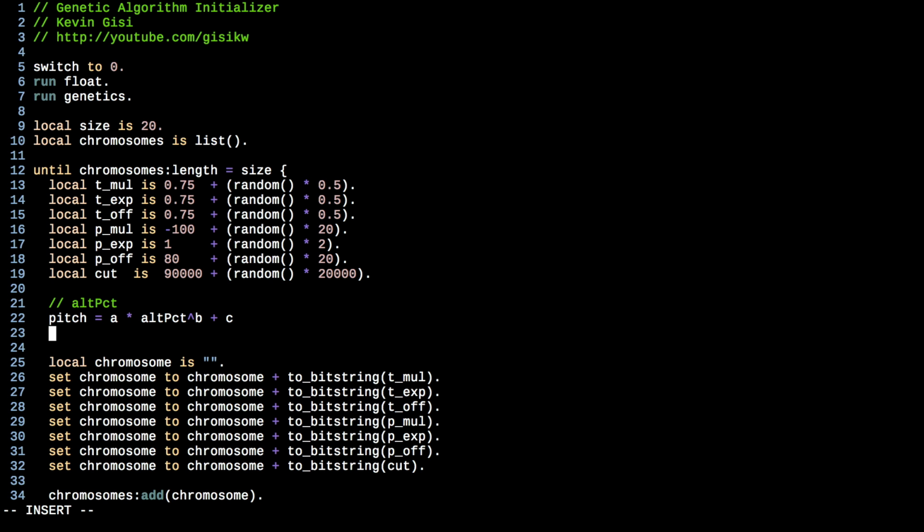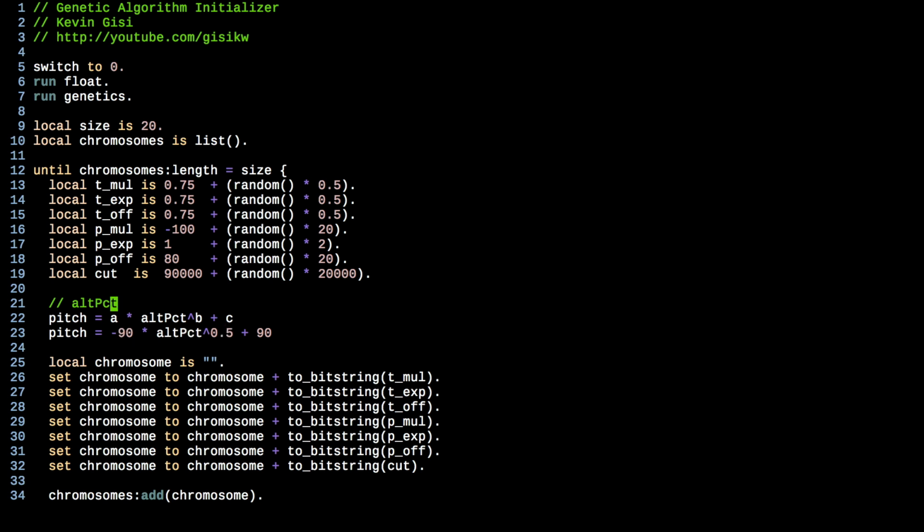And if we imagine what we did before when we were doing our own manual attempts, we said something like we want our pitch to be negative 90 times alt percent to the 0.5 plus 90, so that when this alt percent is 0, the pitch is 90, and as this alt percent rises, we start to subtract 90 from the total.